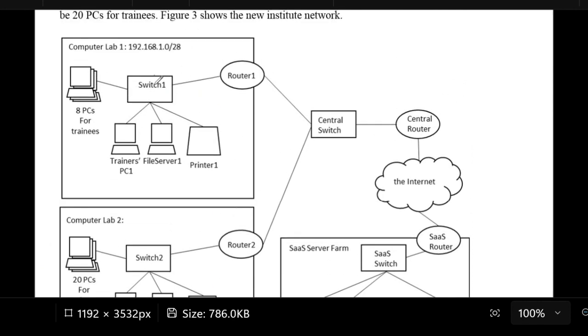The other computer lab would have its own set of computers and devices, and also its set of IP addresses. We need to take note of that because we will be asked regarding the new IP address range that we'll be using for the computer lab number 2.